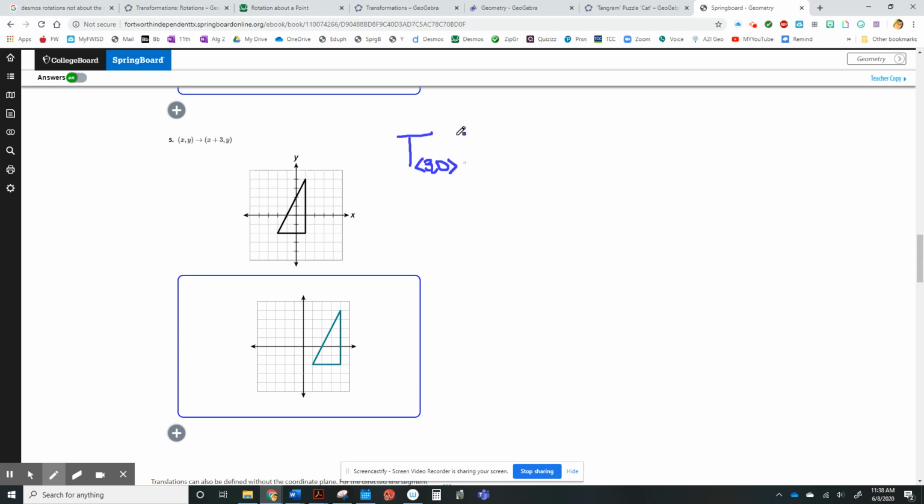That would be the transformation rule that would get this triangle into this position, 3 places to the right.